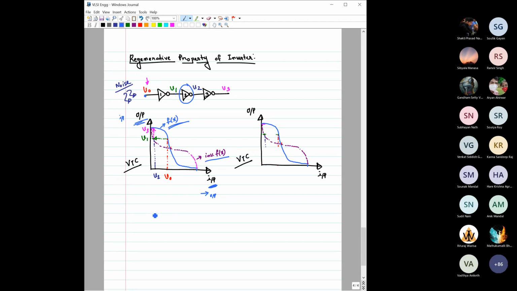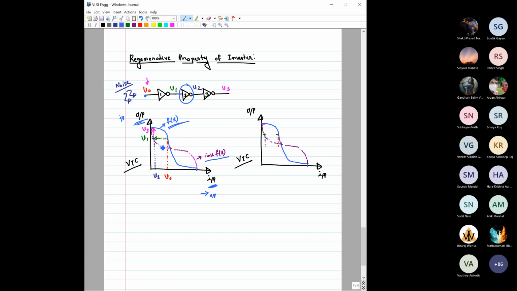No, we are not changing them. For the second one, the input is not V0, it is V1, the output of the first one. Okay, understood.